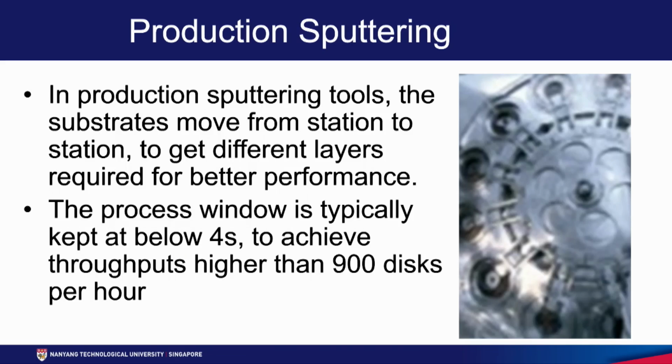Then we can have 900 disks per hour, because every hour has 3600 seconds. So this is how the hard disk industry can achieve high throughput. Throughput is basically how many disks you can make in an hour.